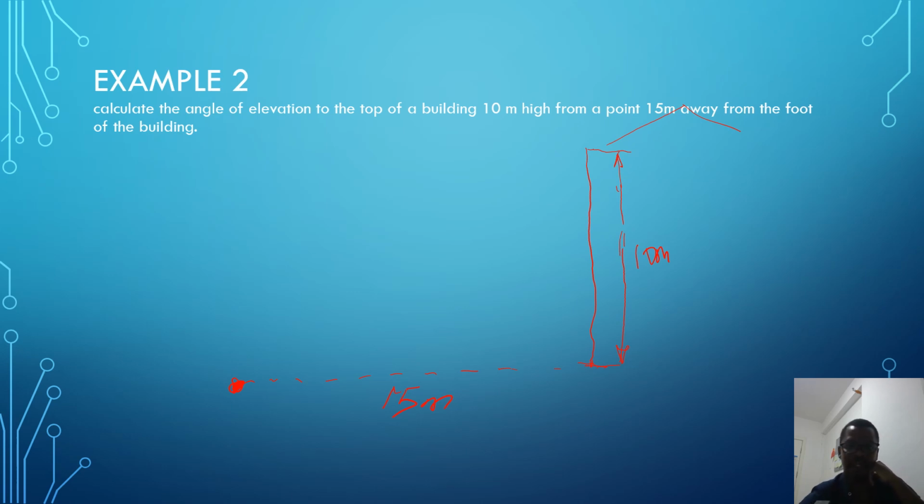Now the question is, you are looking to the top of that building. Now the question is, calculate the angle of elevation, which is this one. It's theta. Let's calculate the angle of elevation. Let that angle of elevation be theta.